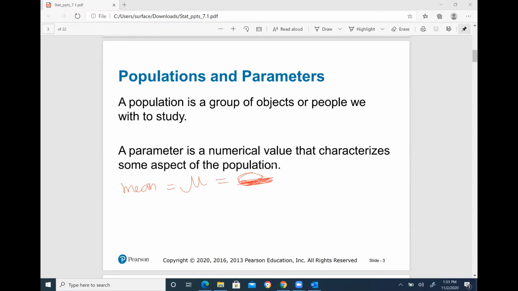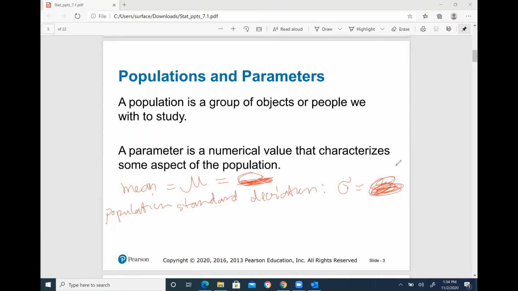And sometimes they want to talk about the standard deviation. We call it the population standard deviation. And the notation for this, you will see as sigma. And this also is a numerical value, a value right here, okay?